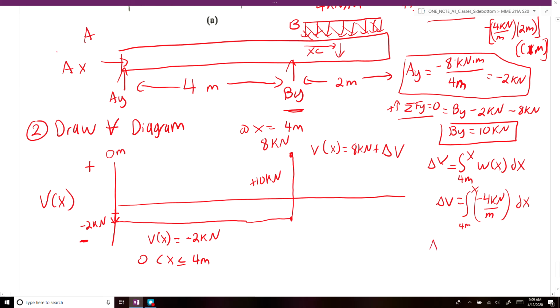Alright, if we perform that integral, we end up getting minus 4 kilonewtons per meter times x, from x to 4 meters. So we get minus 4 kilonewtons per meter times x minus 4 meters. Alright, and that's our delta V. So we can plug that into our equation here.